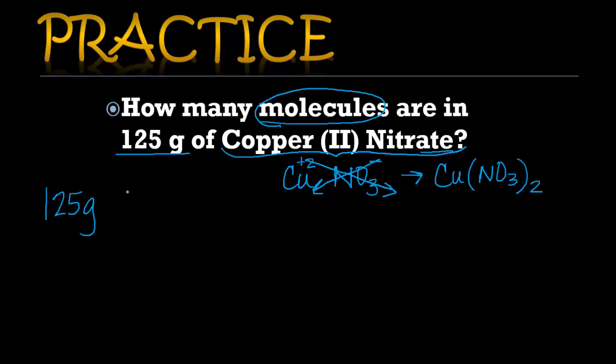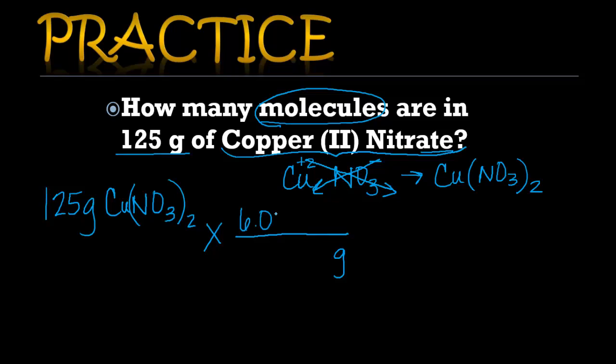So I have 125 grams of Cu(NO3)2. And I'm going to times the line. Grams has to go on bottom. And then I put my molecules on top. Well, molecules is always Avogadro's number. For grams, I gotta, again, look them up and add them up.